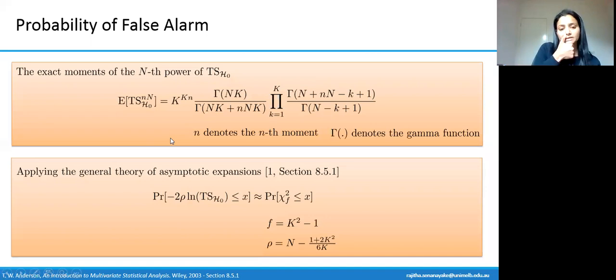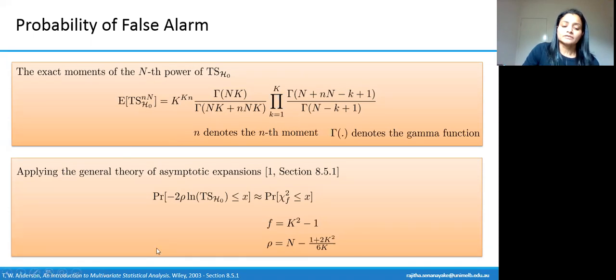To do that, I will just give the main steps of this derivation, to give you an idea about the approach that we took. We used this reference textbook by T.W. Anderson, in which he analyzes an asymptotic expansion of the distributions of the likelihood functions.